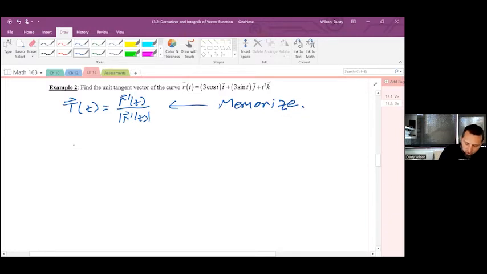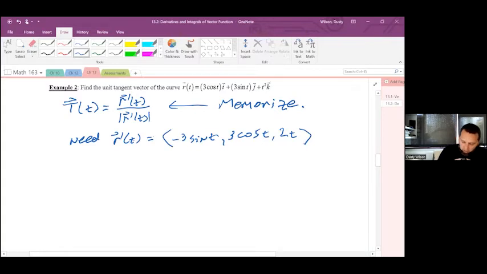So it looks like we need r prime of t. And that will be, derivative of cosine is negative sine, so I have minus 3 sine t, comma 3 cosine t, comma 2t.